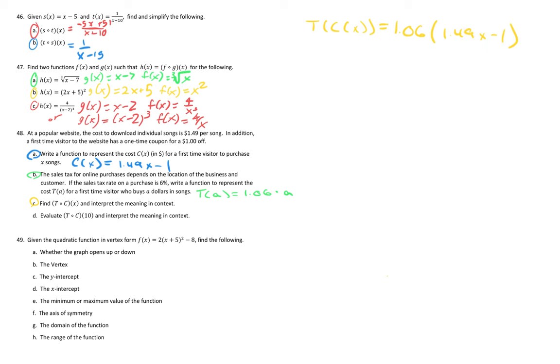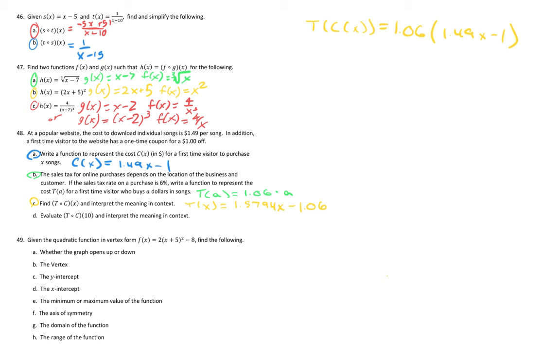Now if we distribute that out, we get that T of C of x equals 1.5794x minus 1.06.